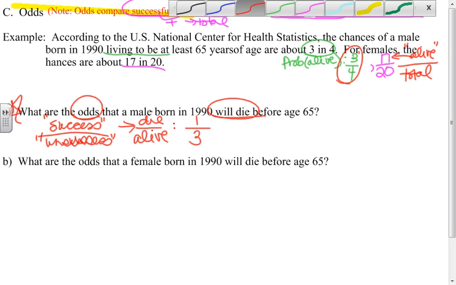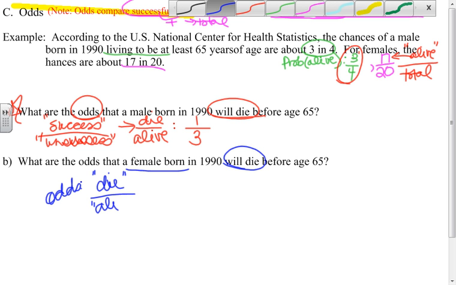For women, you're going to go through the same thing, that she will die. So our odds are successful is that they will die. Our unsuccessful is that they are alive. So if 17 are alive out of 20, that means 3 died and those 17 are alive.